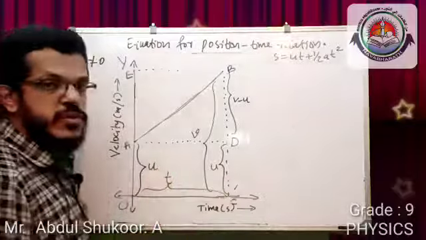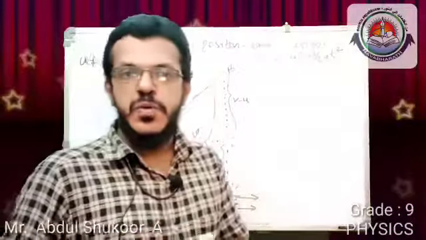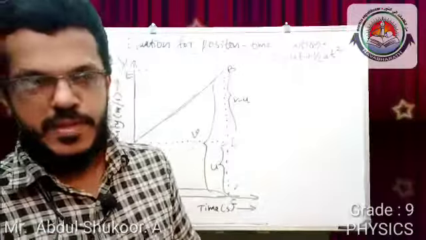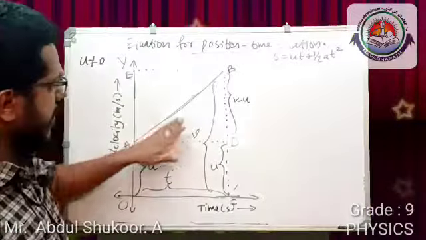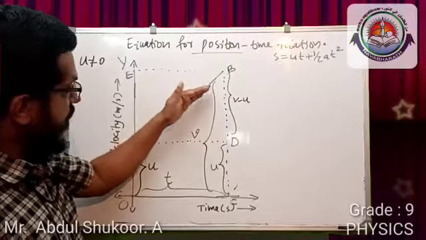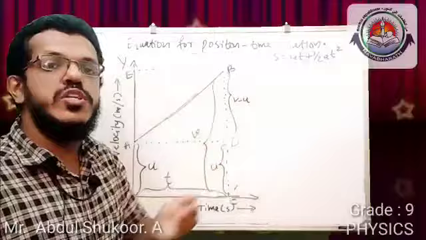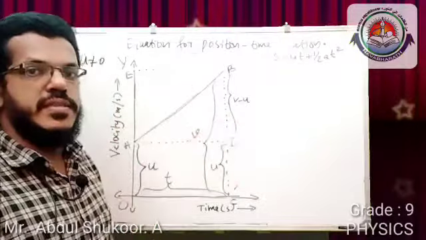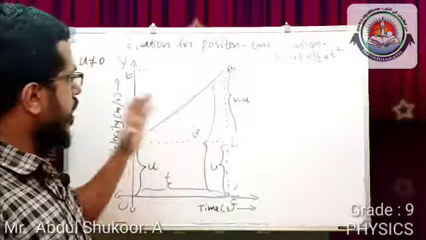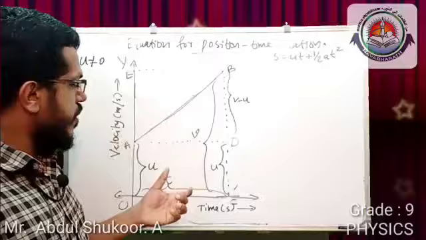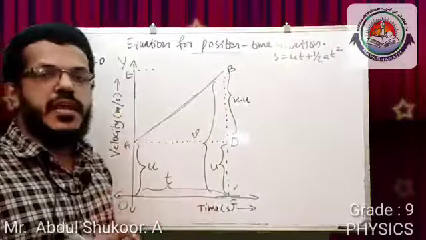That area is numerically equal to the displacement or distance traveled by this body. That is the method to find the distance or displacement from a velocity time graph.